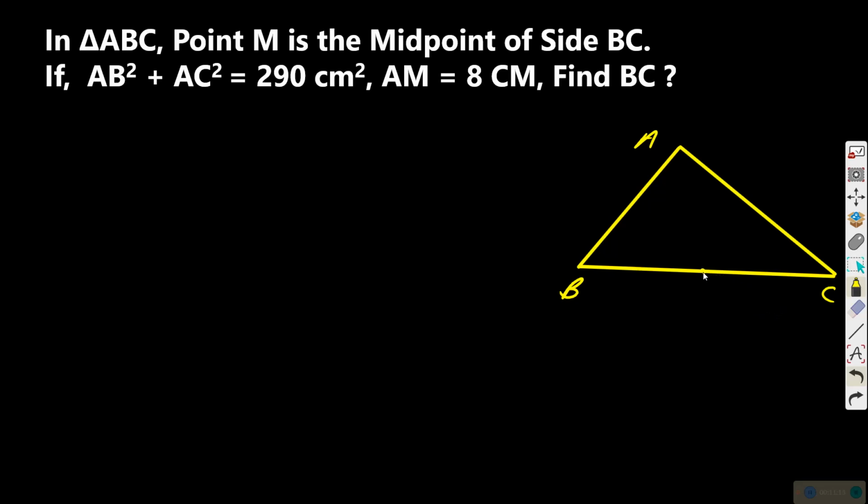So approximately we'll put a spot at the middle of BC and write it as M. Now it is given that AB square plus AC square is equal to 290 centimeter square. That is the one clue. AM is equal to 8 centimeter. Write 8 centimeter as AM.